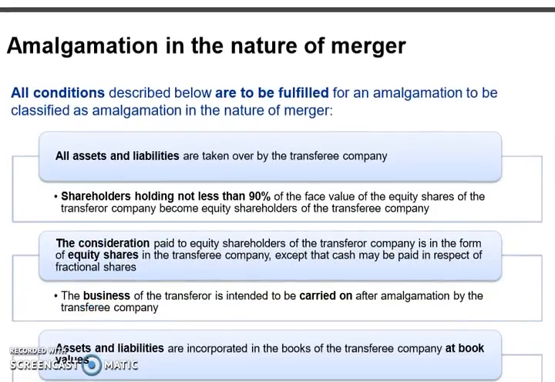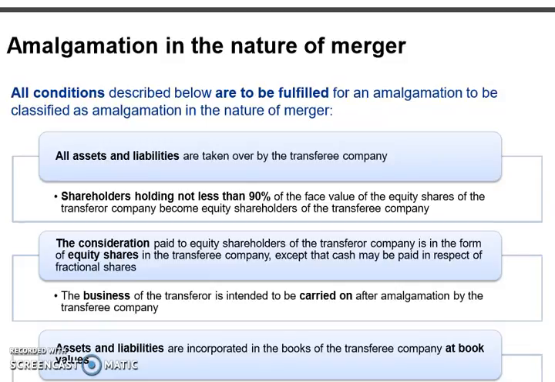Now let us read about amalgamation in the nature of merger. When would the transaction of amalgamation be considered in the nature of merger? There are 5 conditions that need to be fulfilled for amalgamation to be classified as amalgamation in the nature of merger.